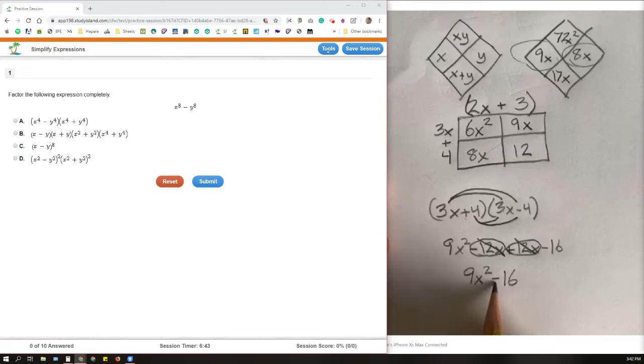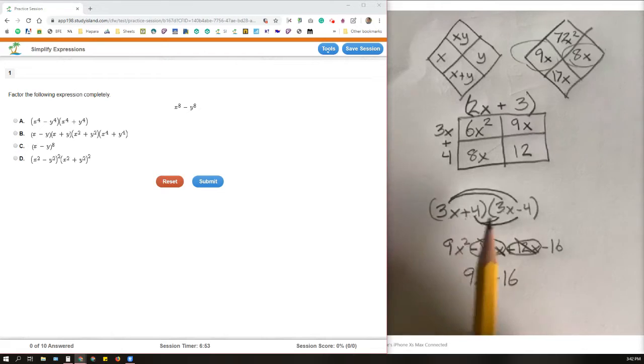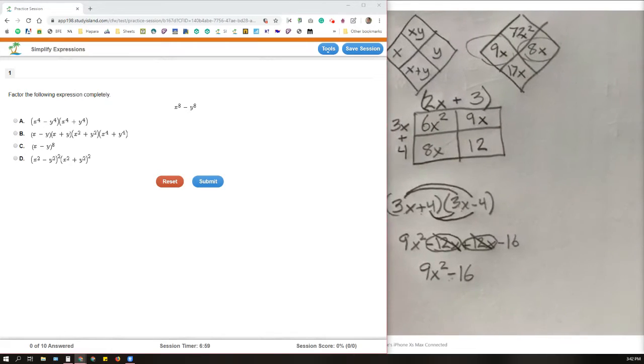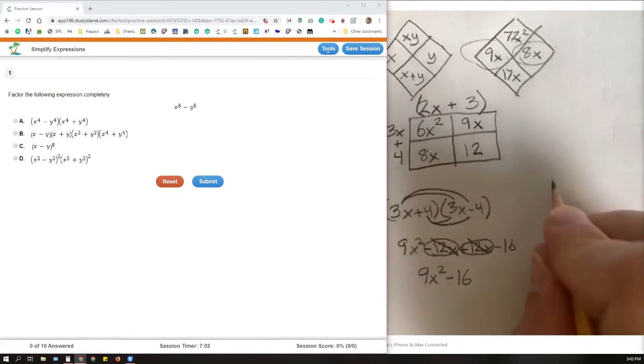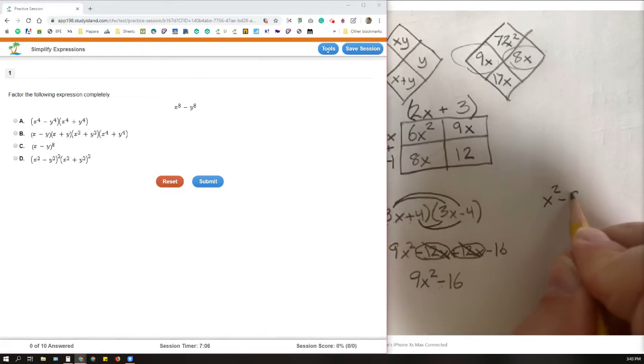If you have the difference of two perfect squares, you will always be able to break them up into the square root of one plus the square root of the other, times the square root of the first one minus the square root of the other. For example, let's start with something real easy, just x squared minus 9.